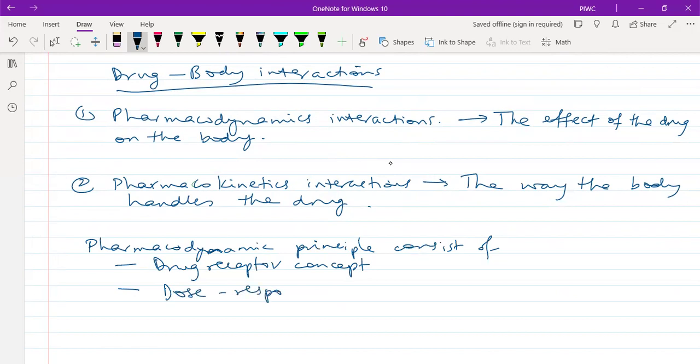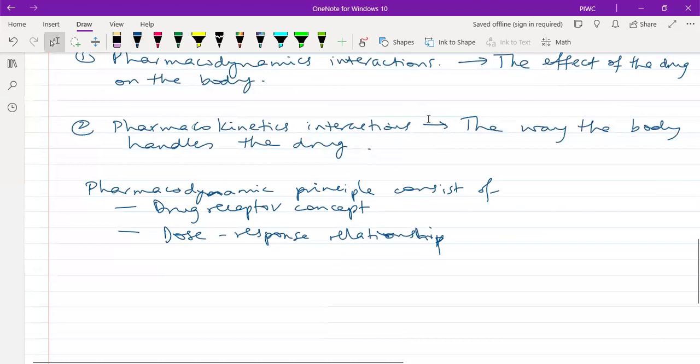Okay, changing the dosage, how does the body respond to it? So the dose response relationship. Those are two principles that we'll be focusing on in the next lesson.